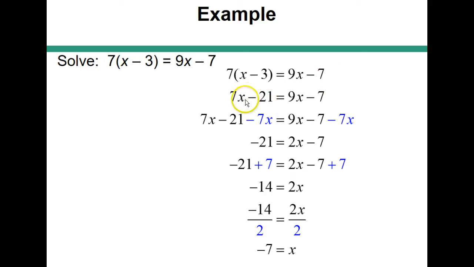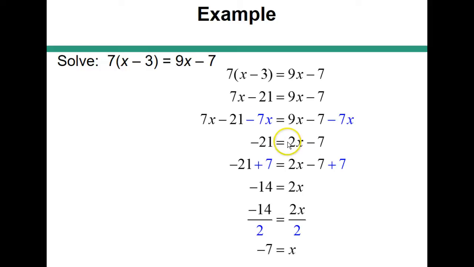Now, this is often where we think of a middle step in the process of solving an equation, where we have a variable and a number, a variable and a number. One of the things we try to do is to keep our variables positive. So we're going to subtract 7x from both sides. We get 2x.